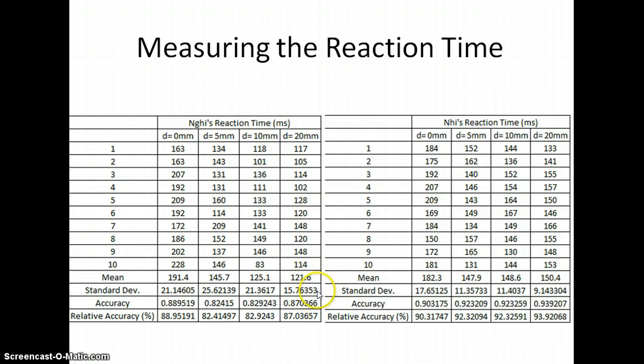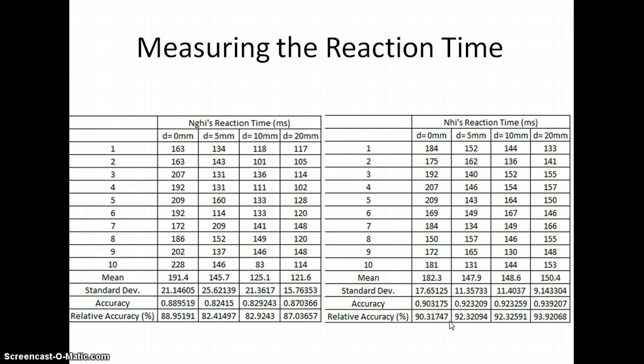Besides the first subject, the other subjects have a much smaller standard deviation, around 15 to 20, which is pretty good.